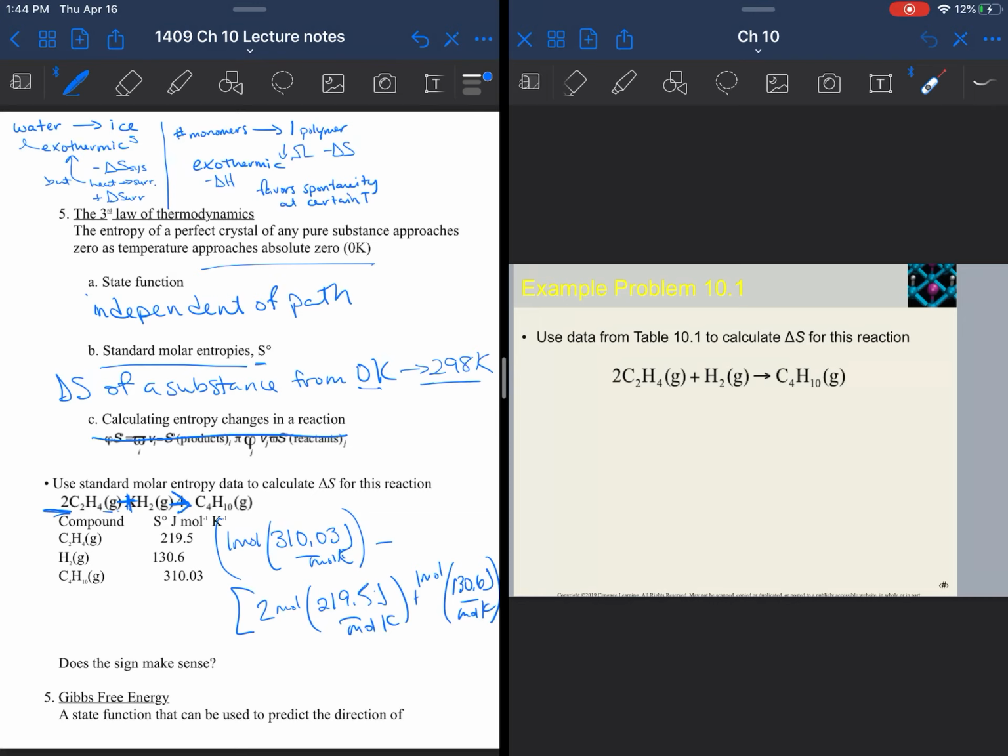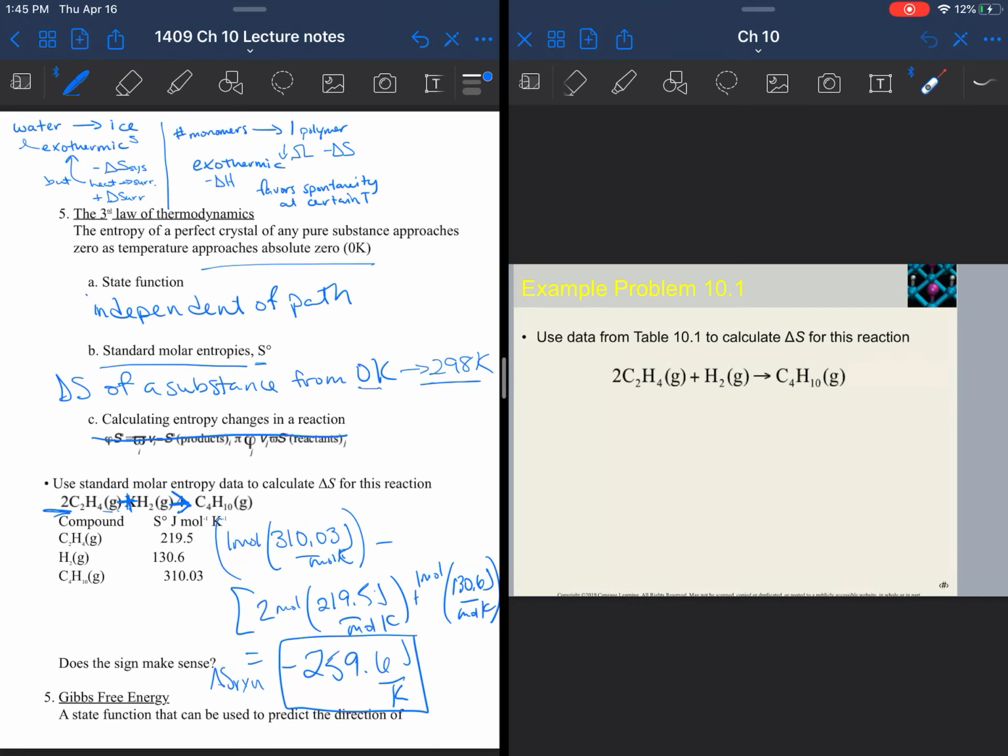All right, now once we complete this, when we look at the sign, we're going to find that the delta S of this reaction is negative 259.6. Now, would you have expected a negative delta S? What does that tell us here? A negative delta S means entropy is decreasing. This is getting more orderly.